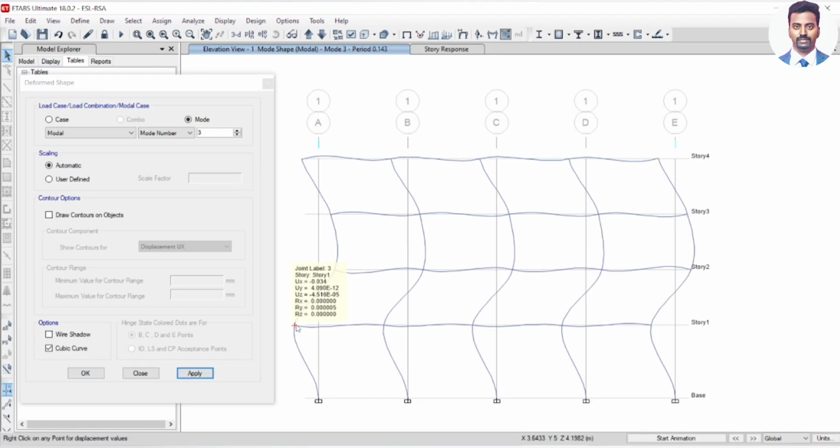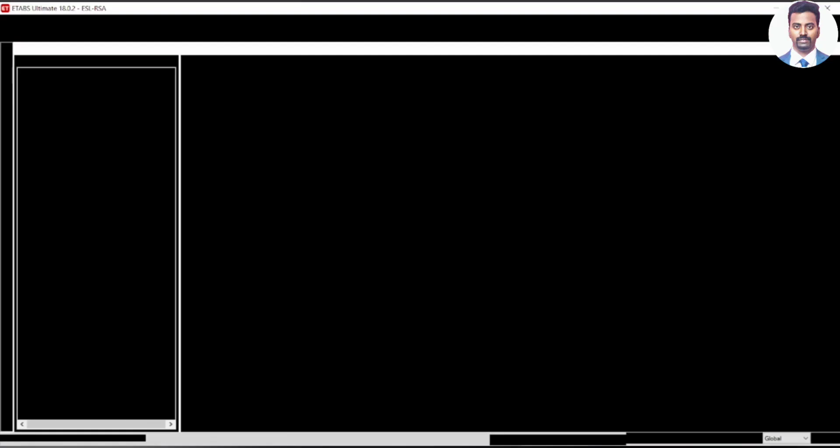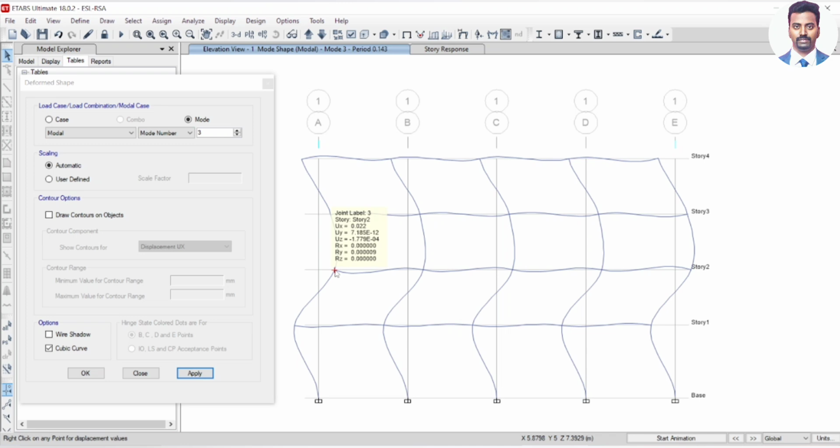Left hand side is plus 0.034. Now this is minus 0.022.